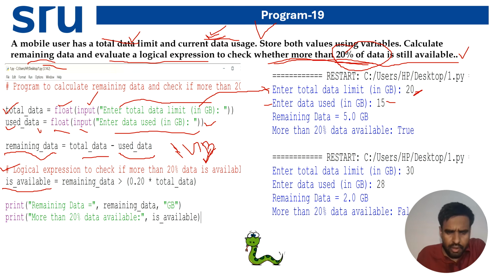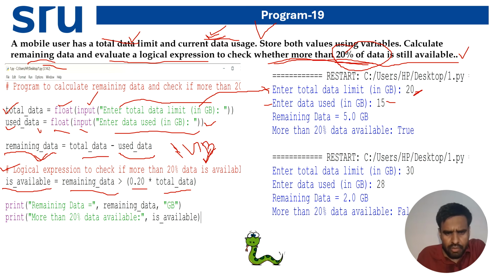Now we have to give the condition: remaining_data greater than 20%, which means 0.20, 20 divided by 100, times the total data. How much is the total data? That is 2 GB.